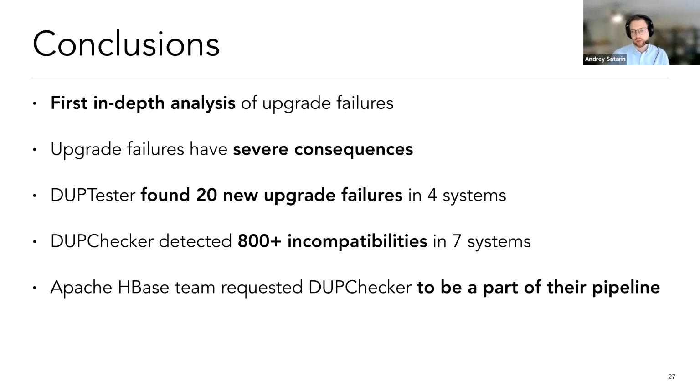And DUPChecker found more than 800 incompatibilities across 7 systems. And 2 of those systems confirmed that all of those incompatibilities are actually bugs, but they don't provide the number. Specifically, the Apache HBase team requested DUPChecker to be a part of their overall testing pipeline, so they want to prevent those incompatibilities in the future.